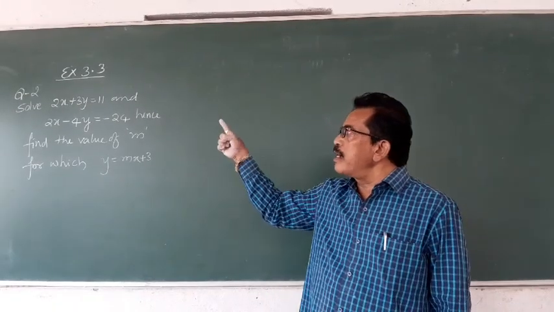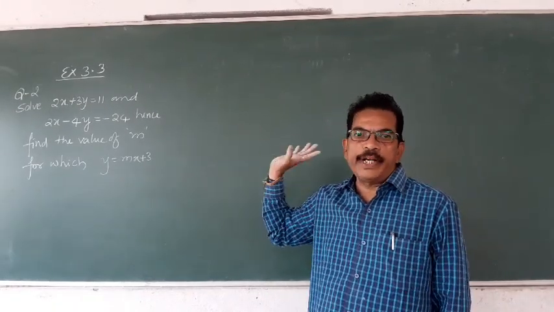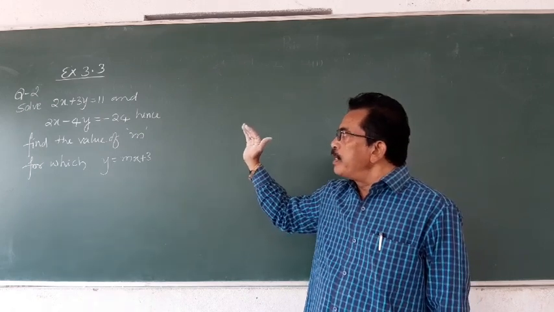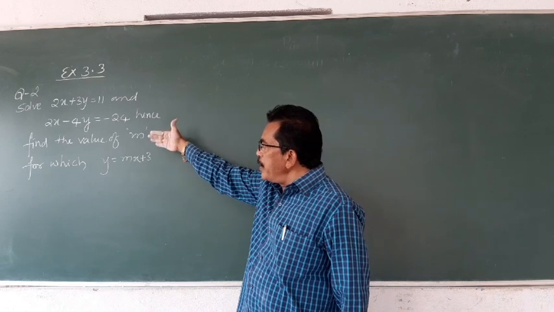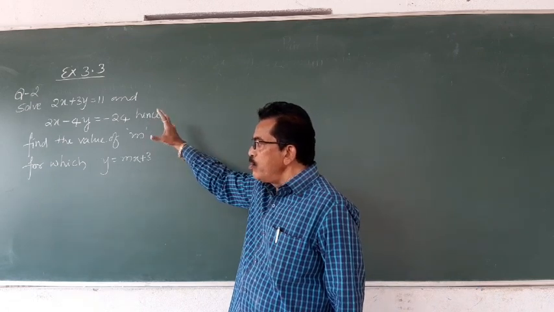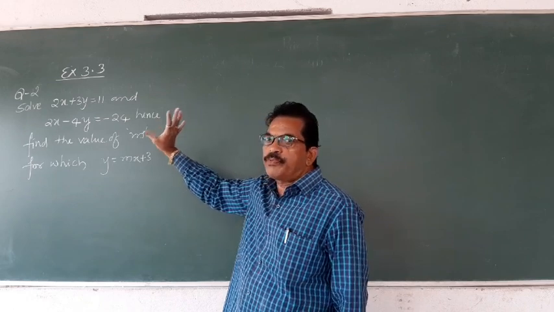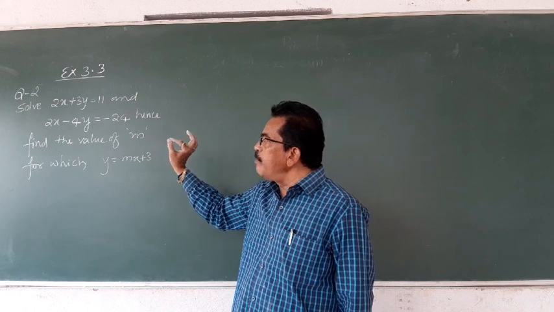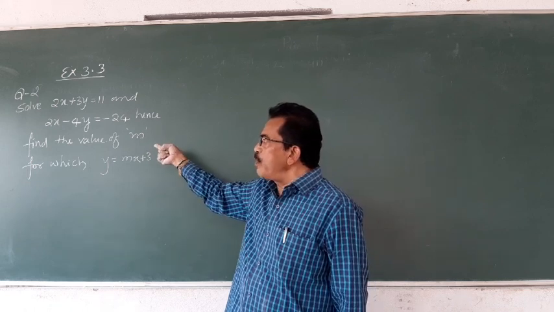See, exercise 3.3 first main is completed. Okay, that is by substitution method. As we go on continuing the problems, we have to use that substitution method only for simplification. So this one is a little bit different than the previous one.